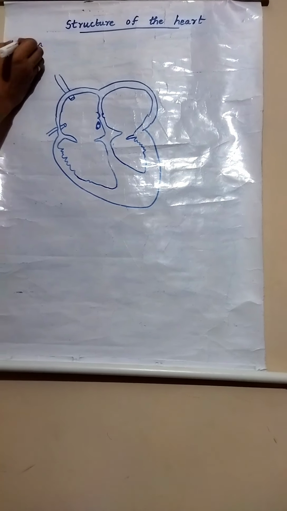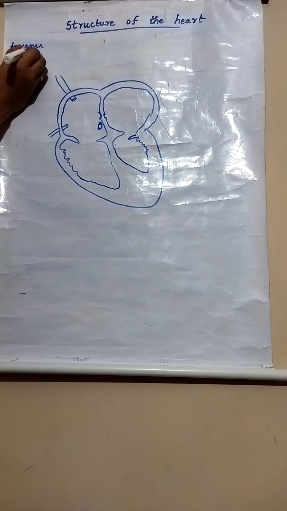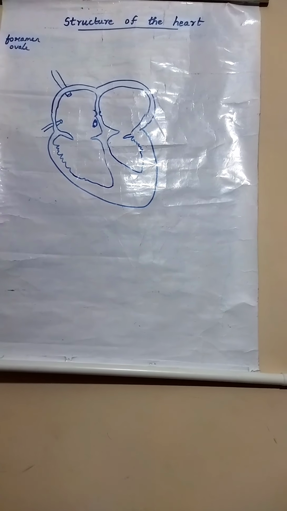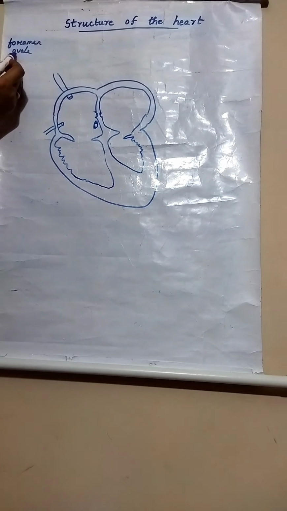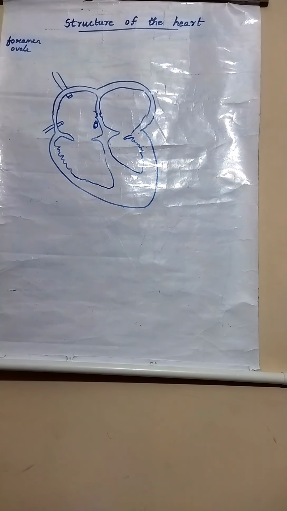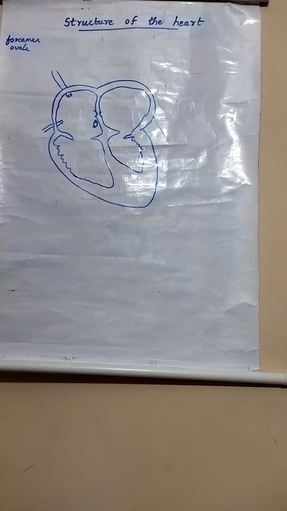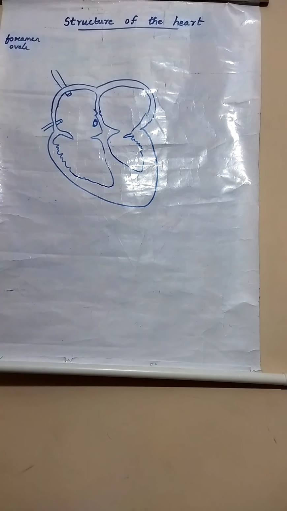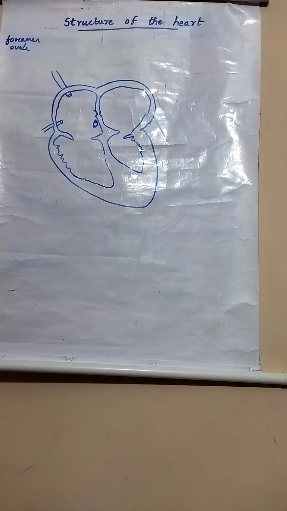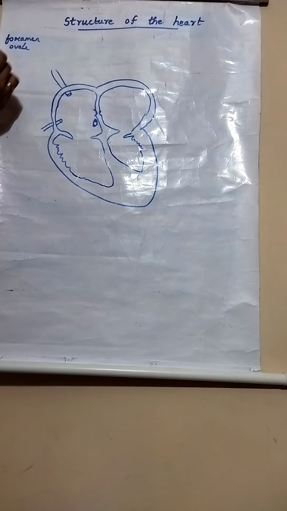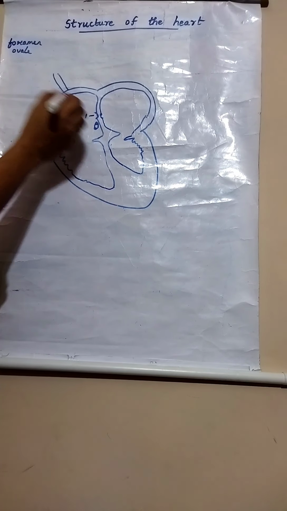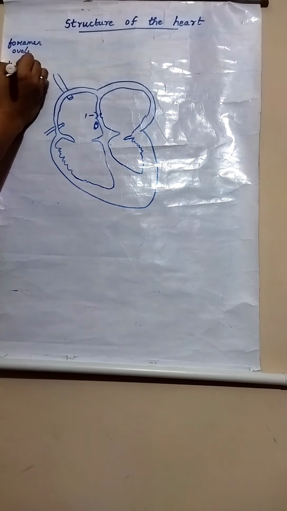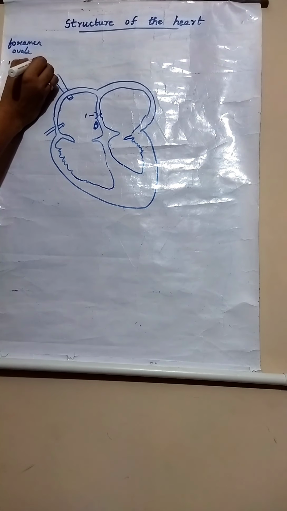Foramen ovale was once present in the embryonic stage, and later this opening which was present in the embryo closes during birth. By the time the baby is born, this opening closes, and still the remnant is seen in our heart, and you call this the fossa ovalis.